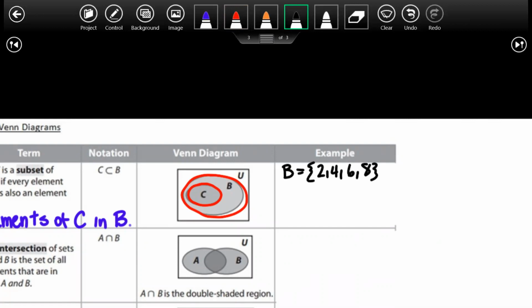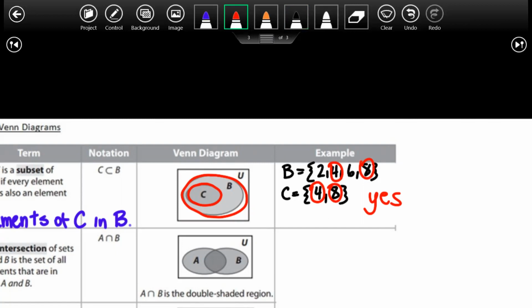What is our set C? 4 and 8. Are the elements in C in B? Yes. 4 matches up with 4 on the top. 8 matches up with 8 on the top. Yes, C is a subset of B. C can go into B.